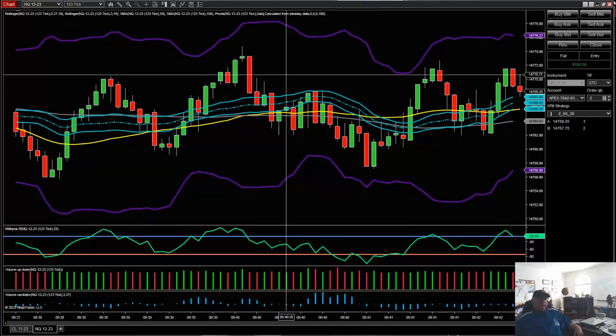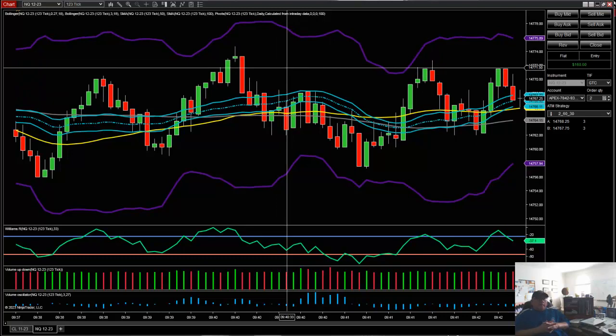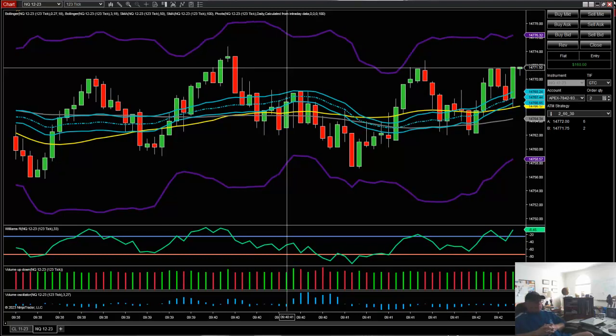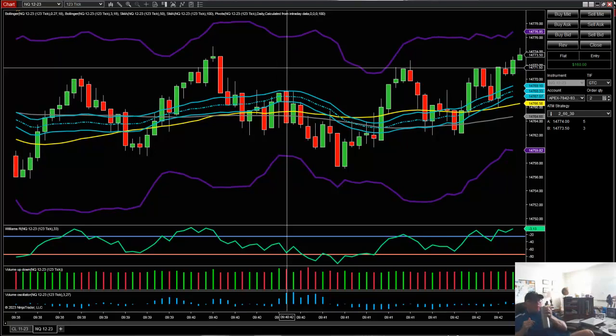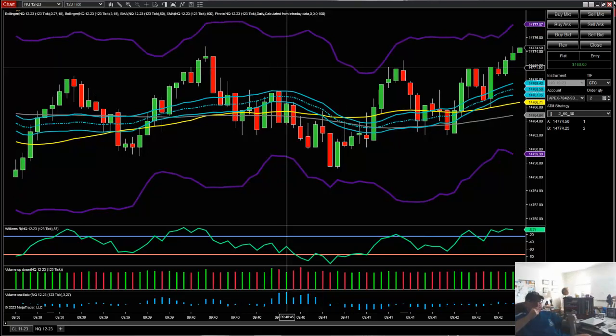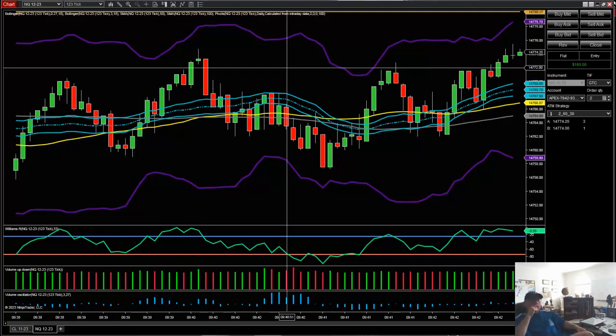Williams percent R. I really do not like the long setup right now where we're trading. Going back to pivot.